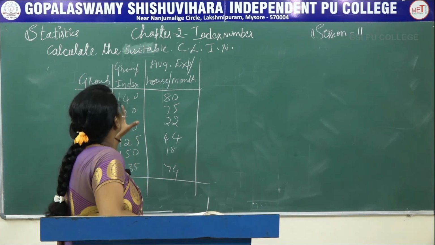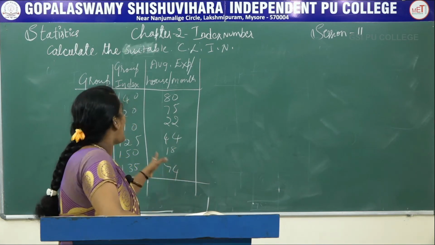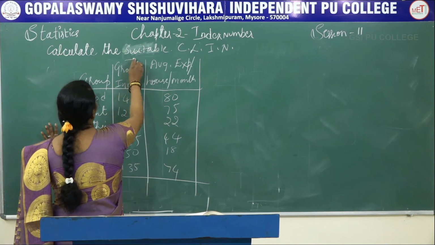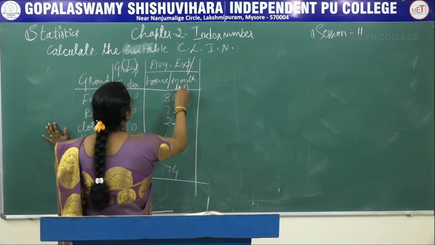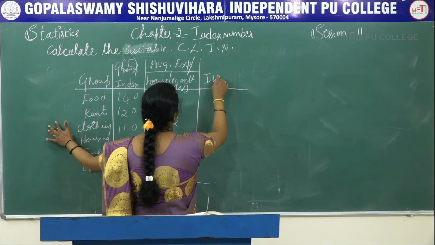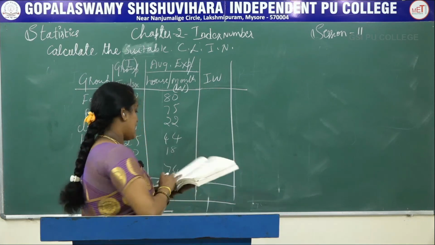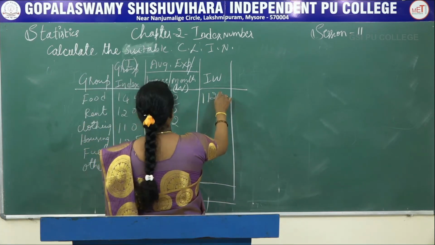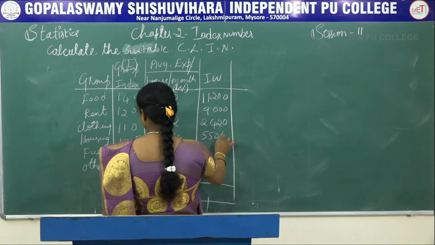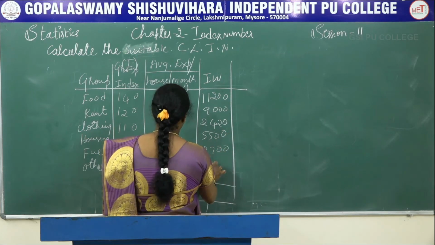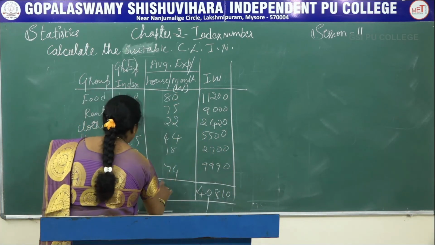They have mentioned only the group index, and we will take this group index as I, capital letter I, and this average expenditure is nothing but our W. Simply we will take I into W, and this total is, and summation W total is.